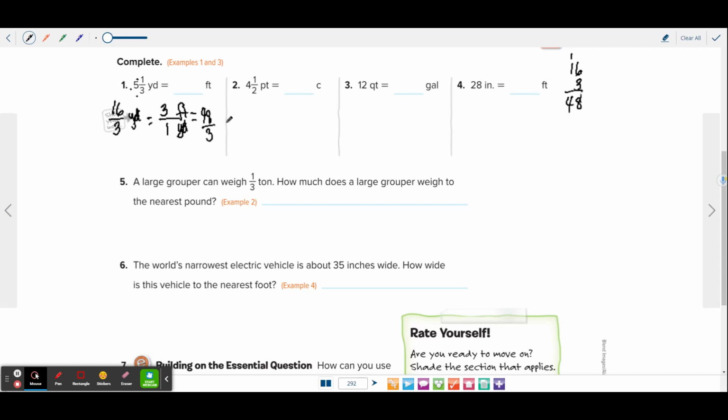We could also cancel before we started, couldn't we? We could cancel the 3's and then just get 16 over 1, or just 16 feet. If you do 48 divided by 3, you get 16. So see, I could have canceled before I started, cancel the 3's out, and that makes it a lot easier.